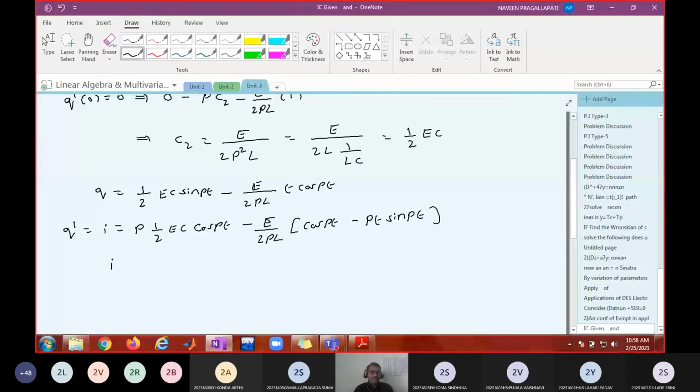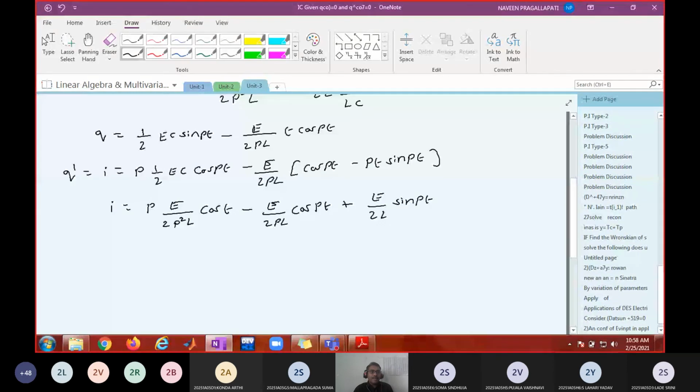Okay. So I is equal to, I may write it as p into E by 2p square L, you can write as it is, 2p square L into cos pt minus E by 2pL cos pt plus, p p gets cancelled, E by 2L sin pt.